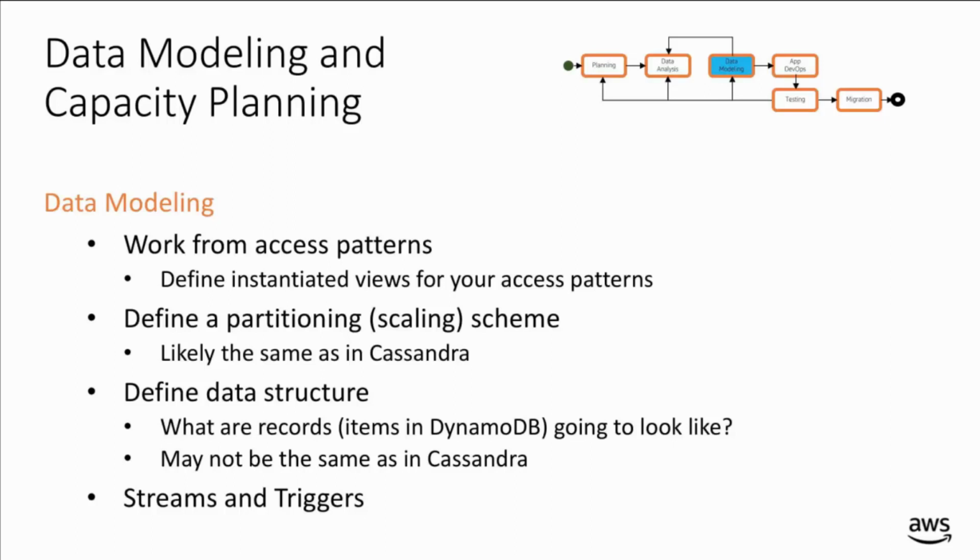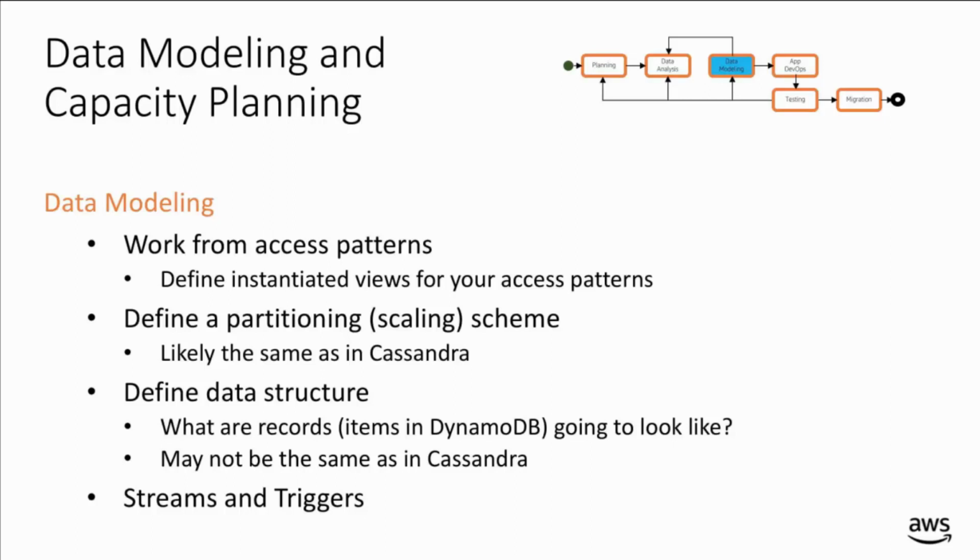So we pivot those tables, and instead of using wide rows, we would use multiple rows. So in other words, data structure may not be the same as in Cassandra. And also with DynamoDB, we have streams and triggers, which are equivalent of stored procedures. And so we need to think about those use cases as well.